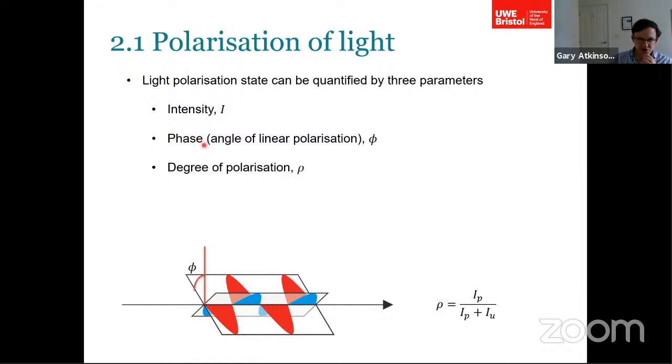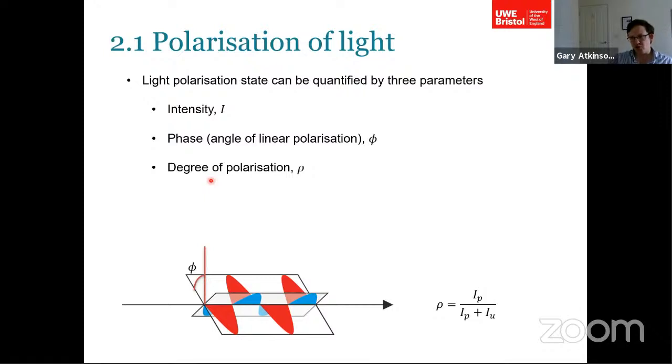Then we have the phase, also known as the angle of linear polarization. For example, that would be given by this angle here. So relative to some reference angle, what is the orientation of the maximum electric field direction? We'll call that phi. There's not much maths in here, by the way, don't worry. It's just a bit easier to explain. And then finally, we have the degree of polarization.